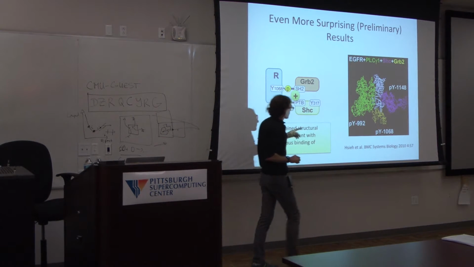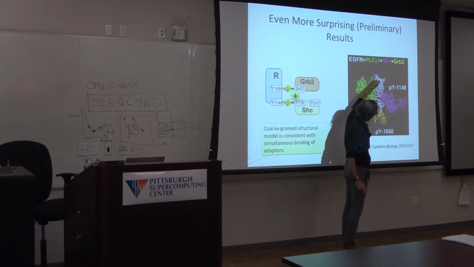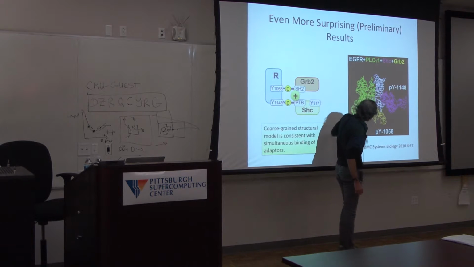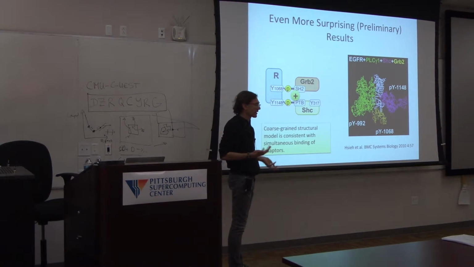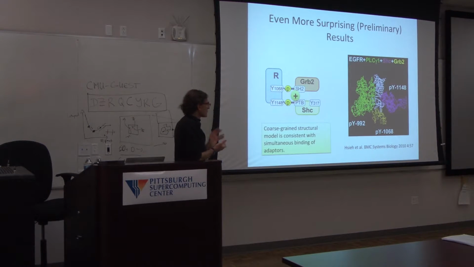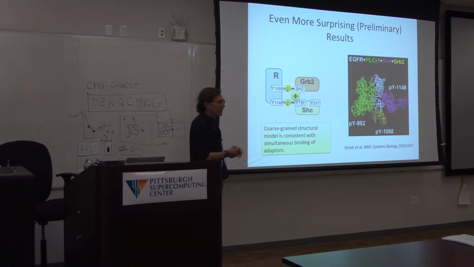So this is a structure showing a region of the disordered cytoplasmic tail of the receptor interacting with three different adapter molecules, and showing that they can all essentially bind at the same time without creating steric clashes between them. Does that mean I know that they do bind all at the same time? No, I don't know if that's possible, or if it's energetically favorable, but I can't rule it out a priori. So hopefully that's a good story.